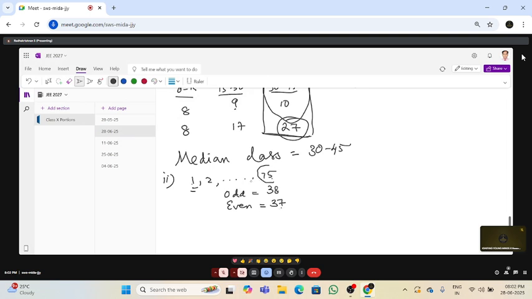So when there is such a universal set, this is a sample space. We call it a sample space, 1 to 75. Now, what is the probability of drawing an odd number? The question is, what is the probability of calling out an even number?